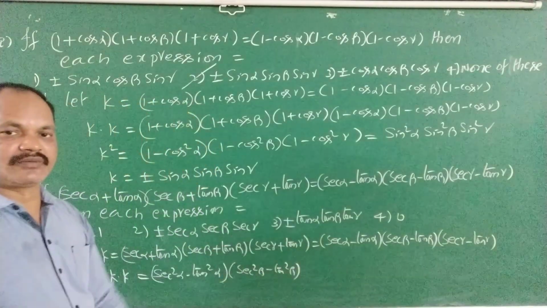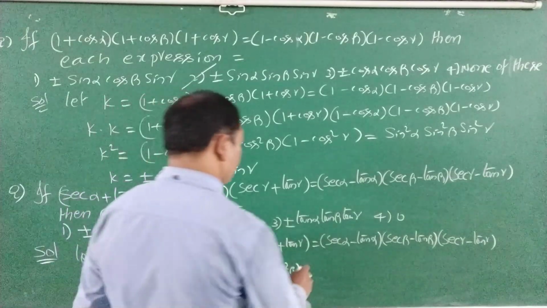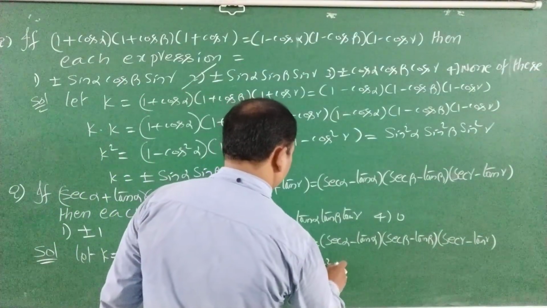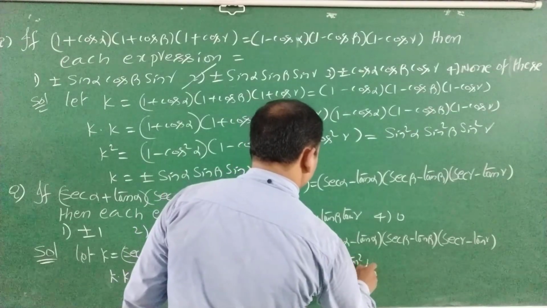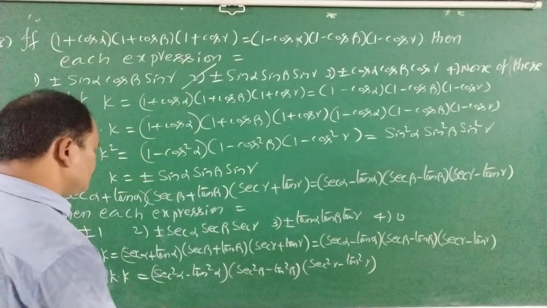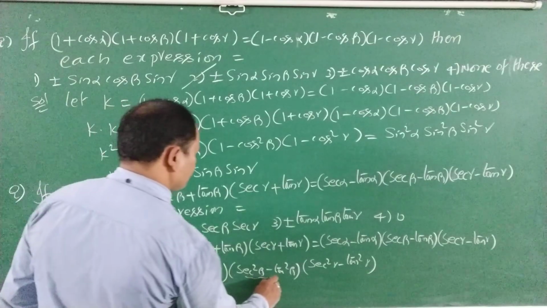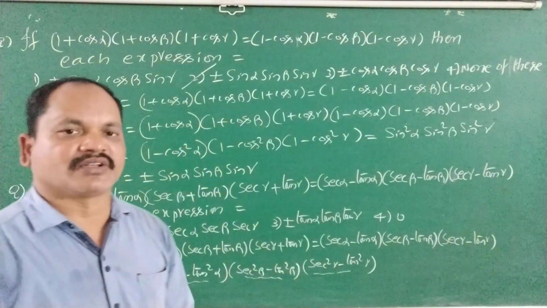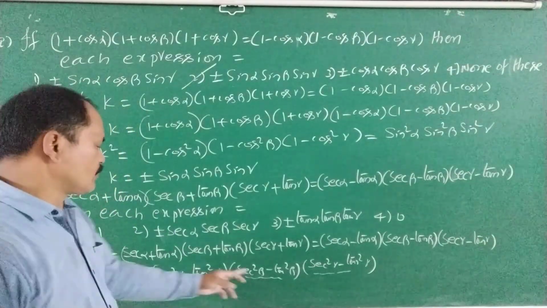And secant gamma plus tan gamma into secant gamma minus tan gamma is secant square gamma minus tan square gamma. So each bracket represents 1. We know from the identity secant square theta minus tan square theta is 1. So this is 1, 1, 1.